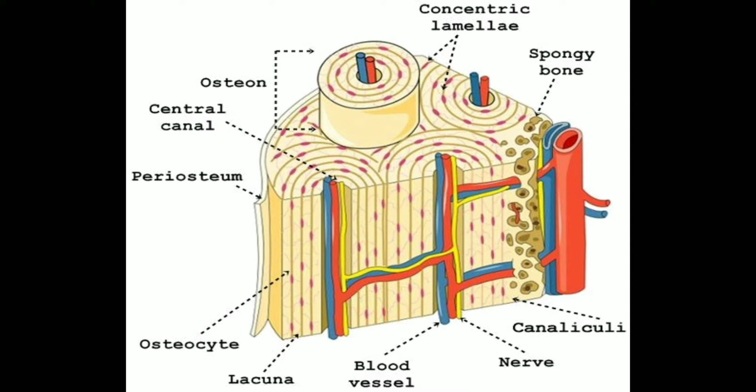Now if you see a mammalian bone, it shows a peculiar Haversian system which contains a Haversian canal in the center. The Haversian canal encloses an artery, vein, that is blood vessels, and nerves.